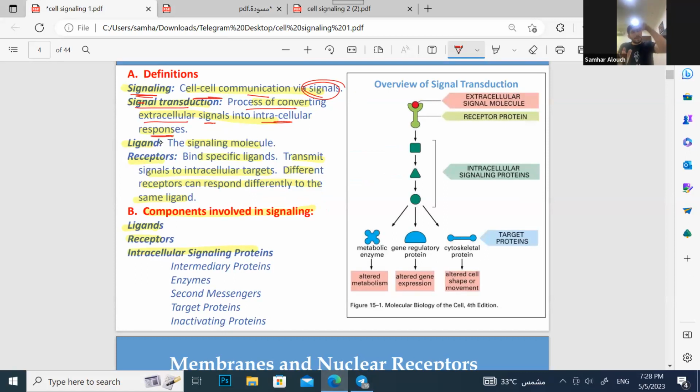Like the binding of the molecule is causing a phosphorylation of a specific protein, or the binding of the molecule causing calcium to increase inside by opening the ion channels. So signal transduction is converting the extracellular signal, which is the binding of the molecule, into intracellular response, which is activation of a specific enzyme or phosphorylation or opening of a channel. So that's what signal transduction means.